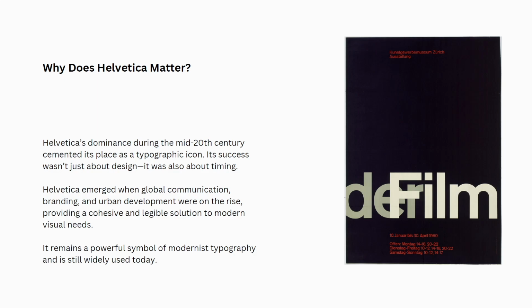Its success wasn't just about the design itself. It was about its timing. This is when global communication, branding, and urban development were on the rise, and it's providing that cohesive solution to our visual needs. How do we make everything feel like it belongs together? How do we make it feel like it's conveying the message without getting a personality attached to it?